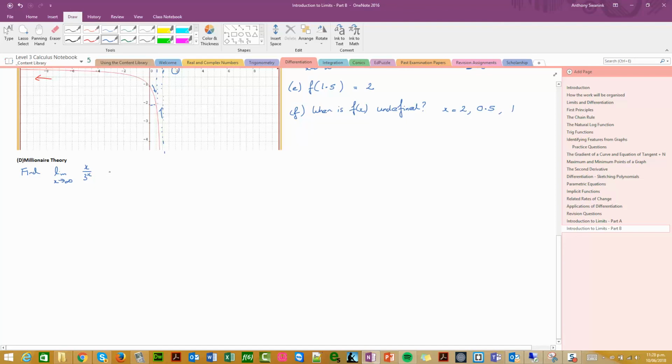Okay, to calculate this, what we can do is we can say, well, if I make x extremely large, what happens? If I, for example, were to look at making x equal to 100, I know that's not extremely large.